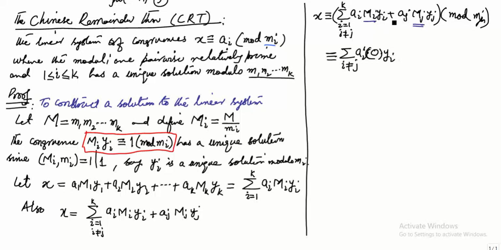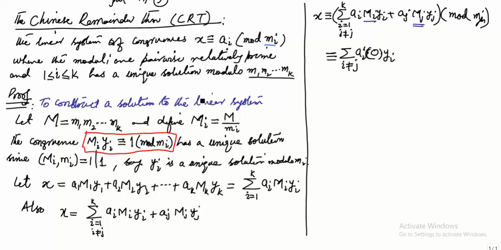So modulo mj, every mi has a factor mj here, so this is completely divisible.